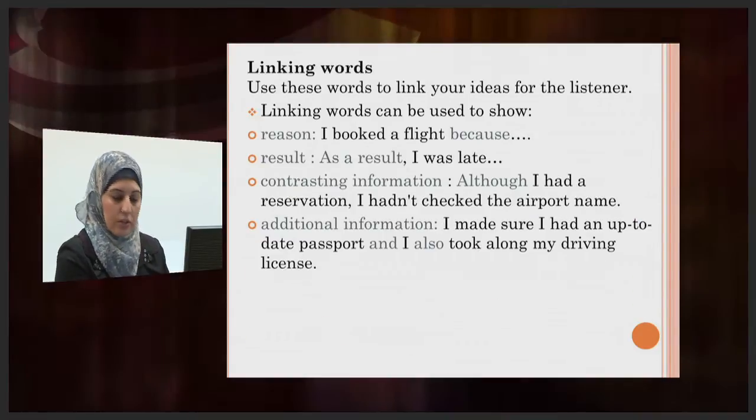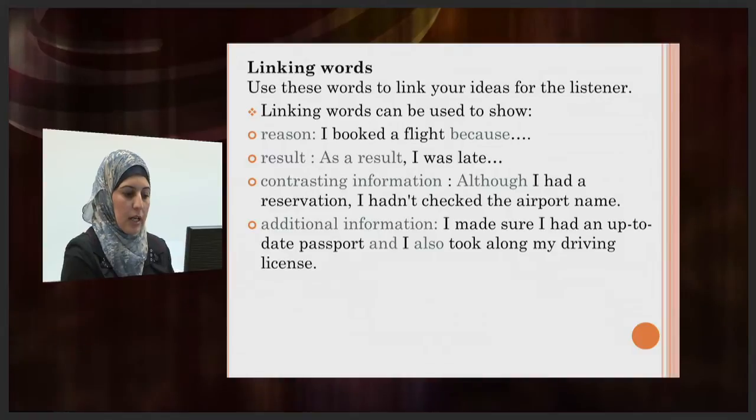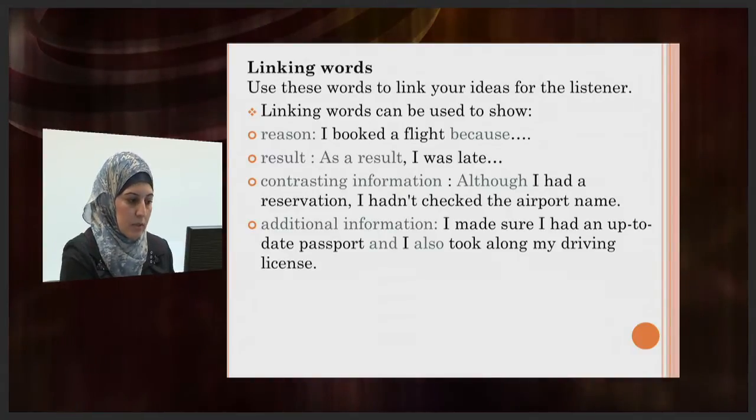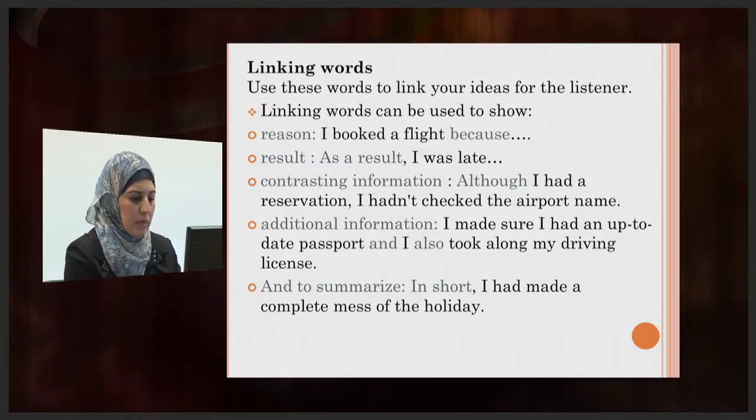To show additional information, I made sure I had an up-to-date passport and I also took along my driving license. They can be used also to summarize. In short, I had made a complete mess of the holiday.